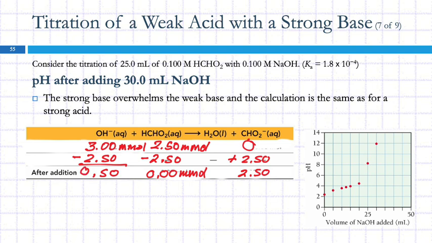It's 0.5. Okay. Is this a buffer like it was before the equivalence point? No, it isn't. Because what we've got here is some hydroxide ion and this conjugate base. So we're going to calculate the pH here like we did at the equivalence point.